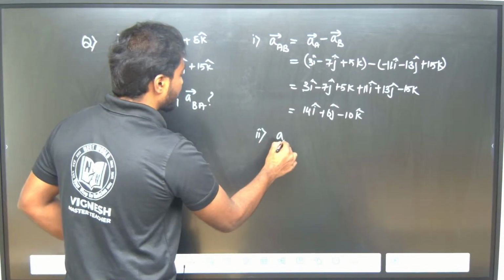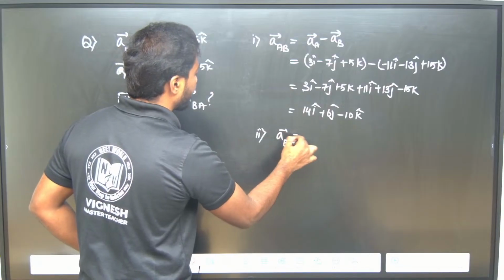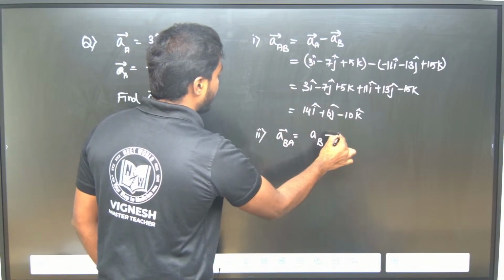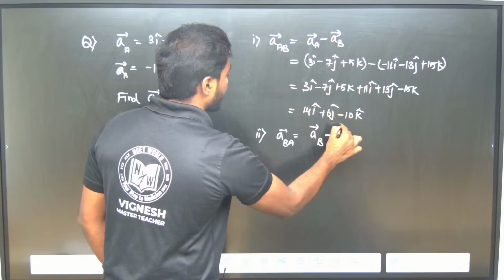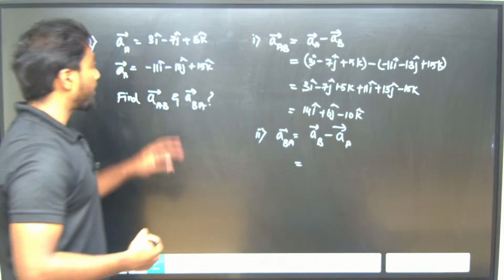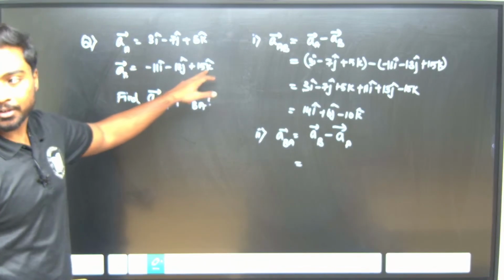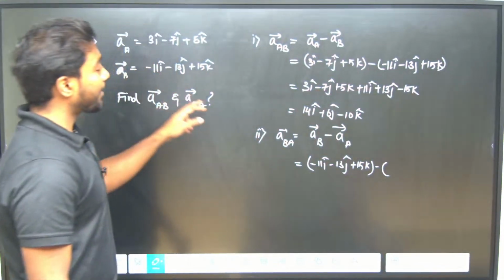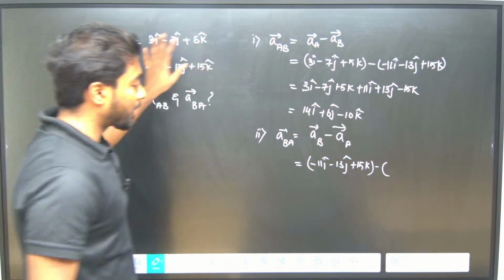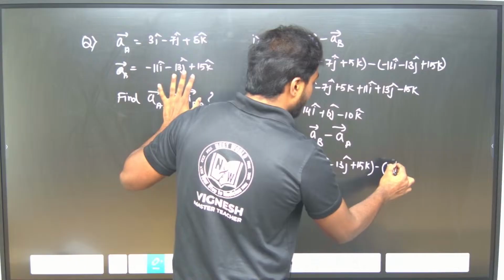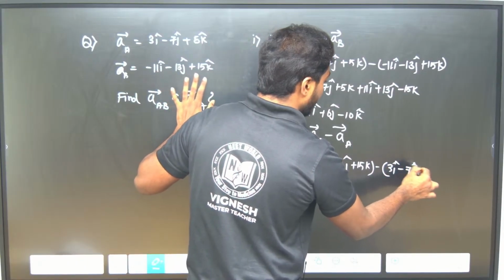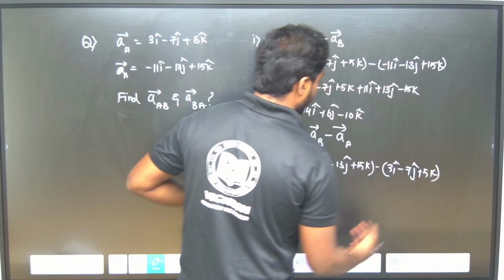acceleration of B with respect to A is nothing but acceleration of B minus acceleration of A. So acceleration of B is minus 11i minus 13j plus 15k, minus 3i minus 7j plus 5k.